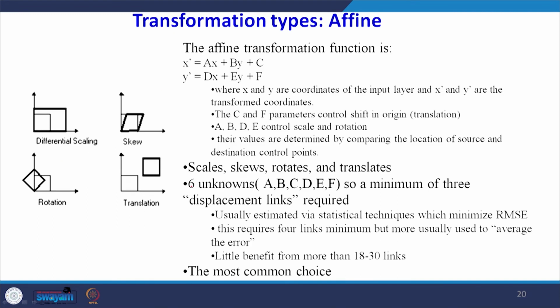Now after selecting the equation, this being the first order polynomial, you know how many unknowns there are in your equation. If you go for a second order polynomial, you will have more unknowns. In this case there are 6 unknowns, a, b, c, d, e, f. As I told you, a minimum of 3 points is required so that you can solve the unknowns, and once you solve them you put the values of these coefficients in the equation and apply this equation to the entire image which is to be georeferenced.